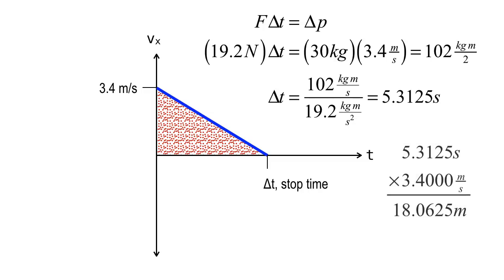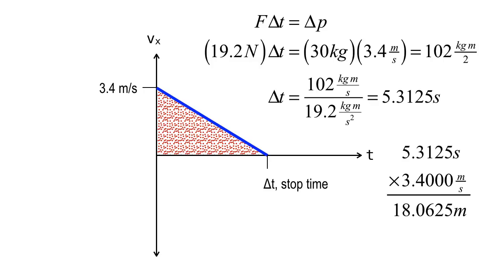So here's your base times height: 5.3125 for the base, and the height is 3.40, and I padded this one out with zeros just so it looks symmetric and even. And then that works out to 18.0625 meters. But we're not done yet.